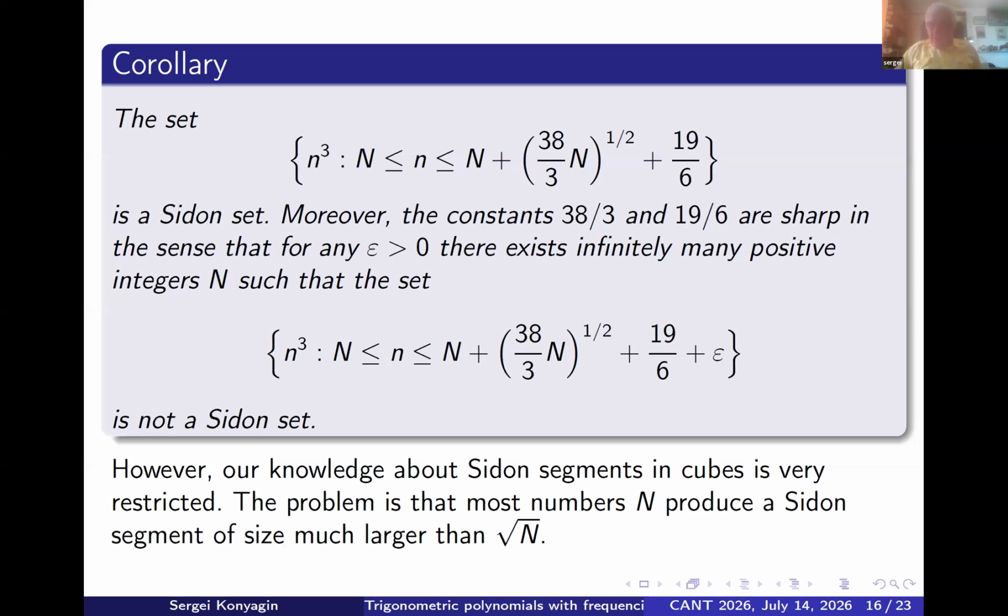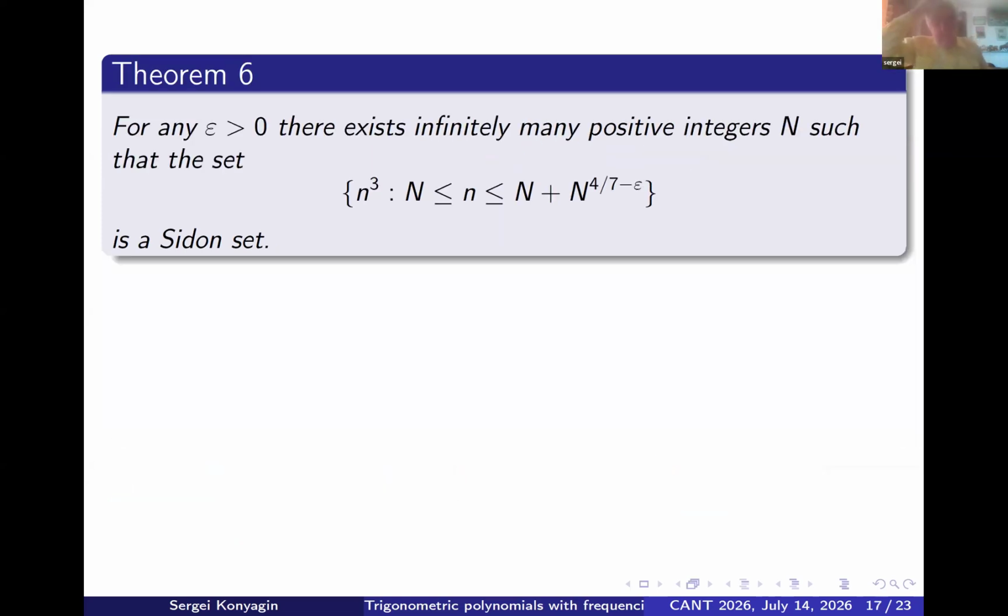But we don't know what happens for most values of n, of capital N. Our knowledge about this problem is quite poor. What can we say? We can say that for any epsilon greater than 0, this is theorem 6, this set is a Sidon set.